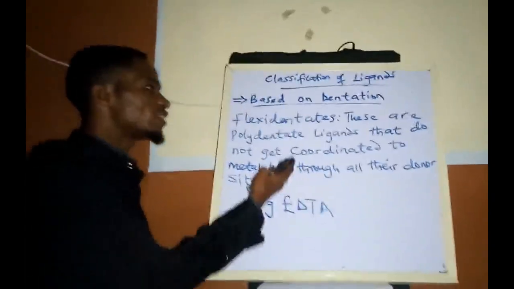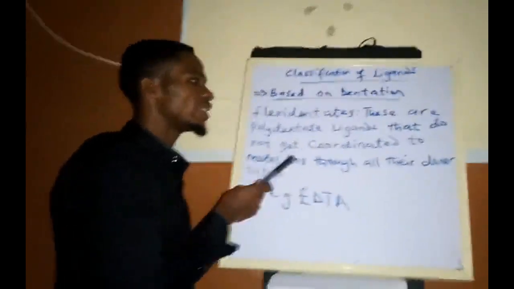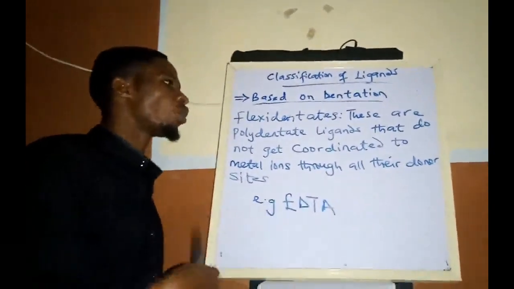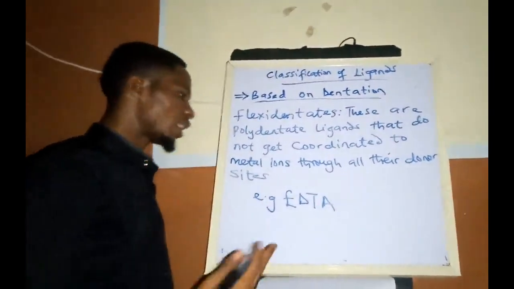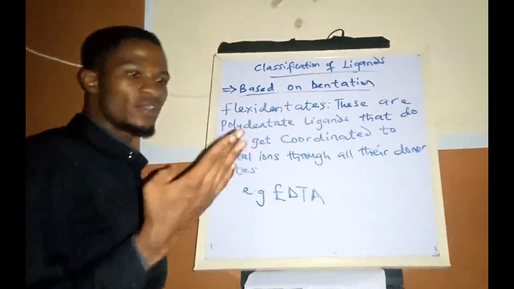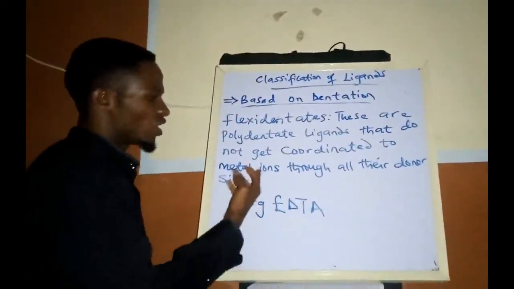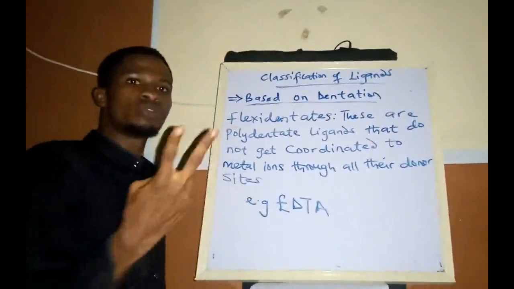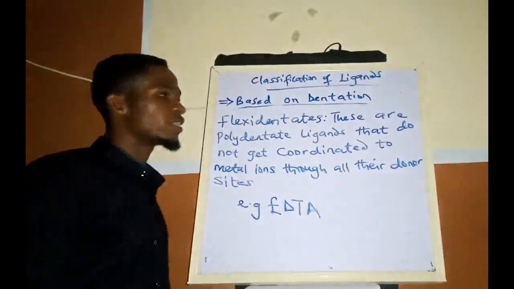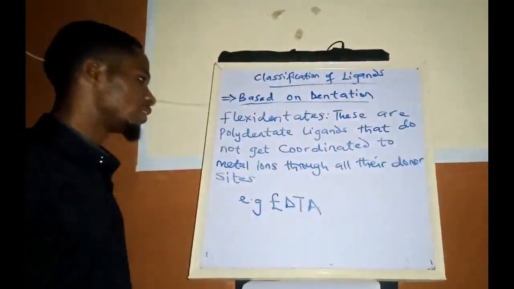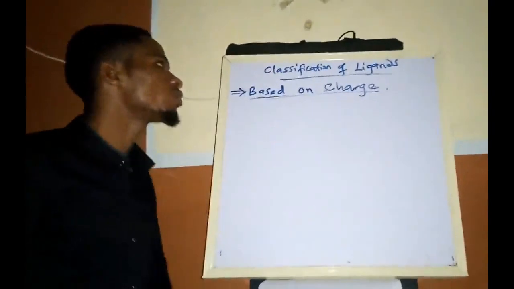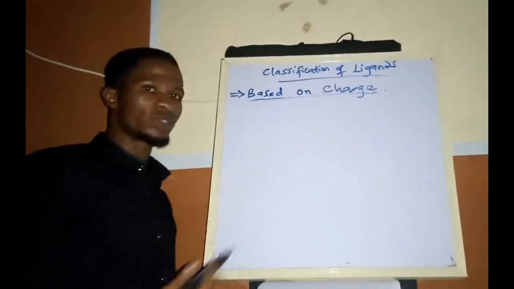Therefore, flexidentates are polydentate ligands that do not get coordinated to metal ions through all their donor sites. Example is EDTA. EDTA has 4 donor sites, but it prefers getting coordinated to metal ion through 2 sites. This is a perfect example of flexidentates.